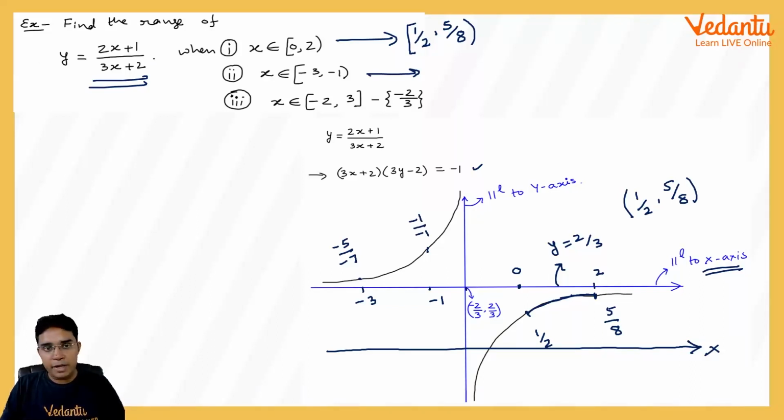Minus 2 plus 1 minus 1, minus 3 plus 2 minus 1. So here the range will be 5 by 7 comma 1. And we can write this with full confidence that this is going to be the range.